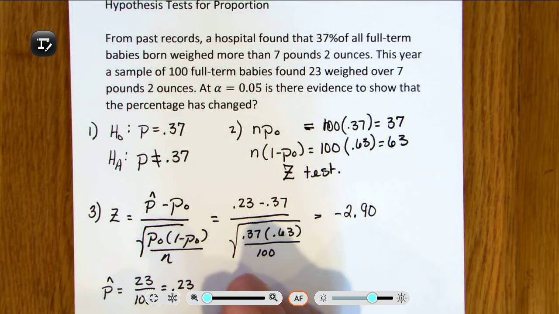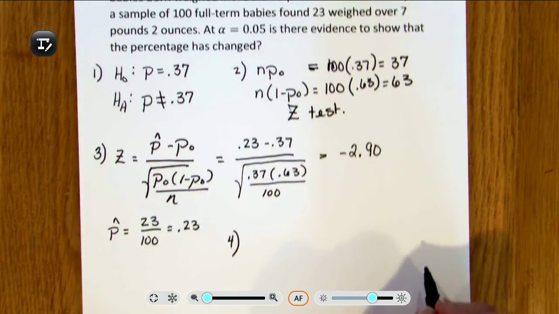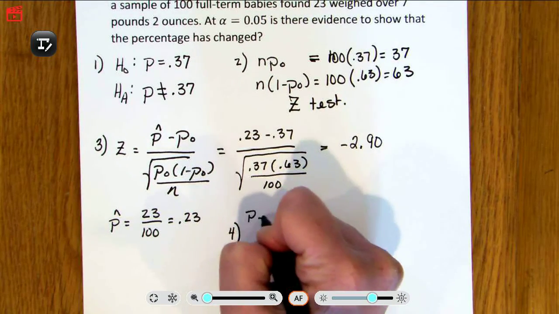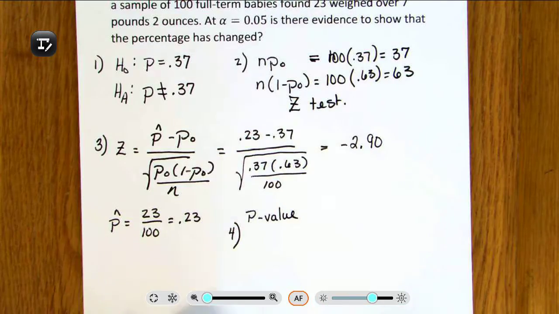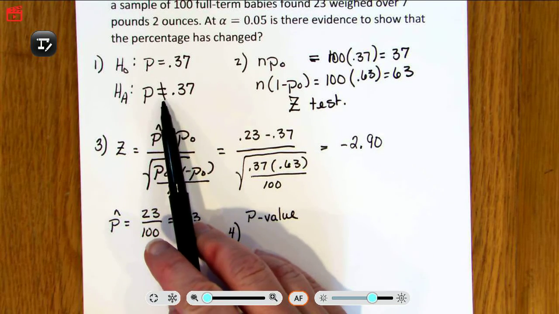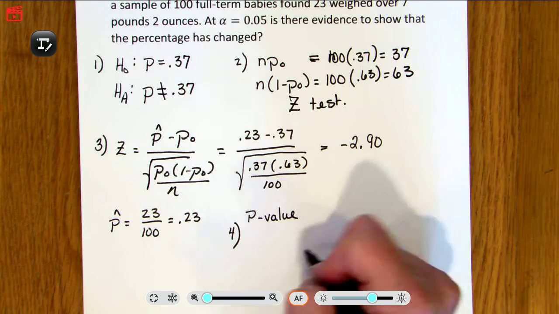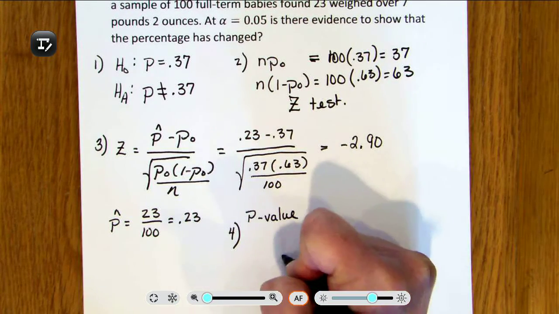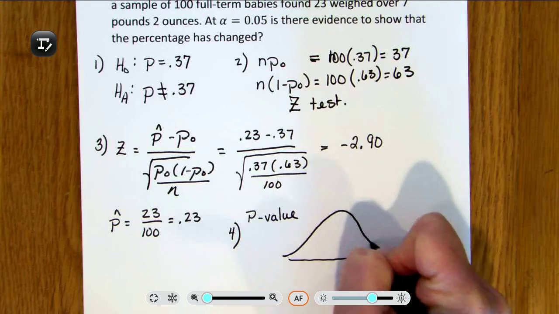Okay, step number 4 is our p-value. Our p-value is going to be determined by the fact that this is a two-tail test.